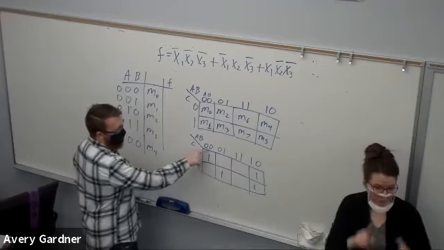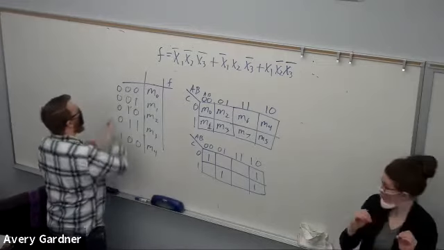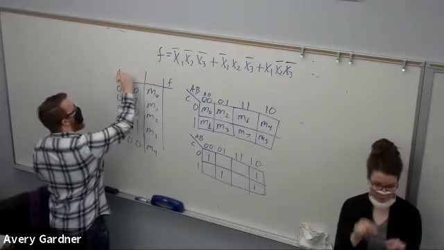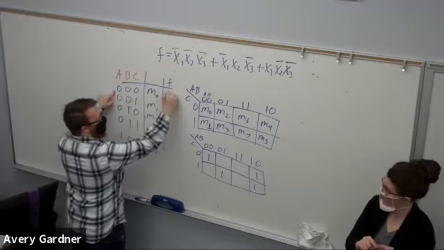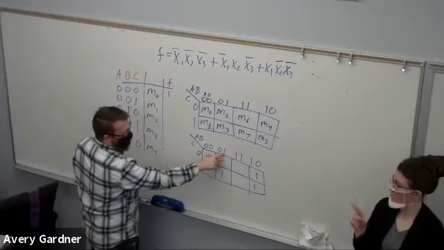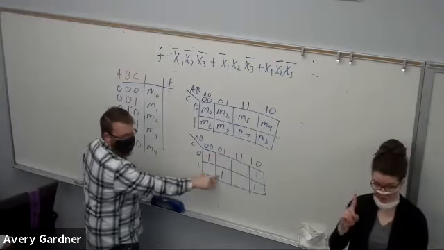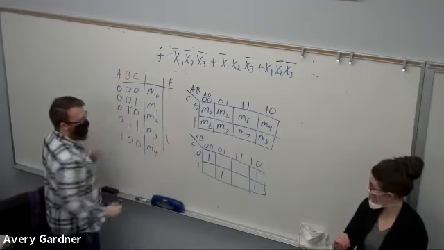So 0, 0, 0, if I write it this way, okay, 0, 0, 0 is a 1, so F is 1 in this case. 0, 1, 1 is this, it's minterm 3, right?